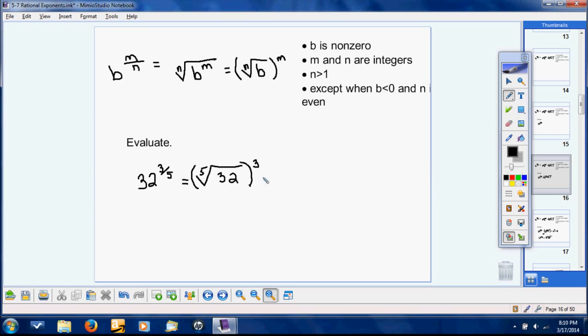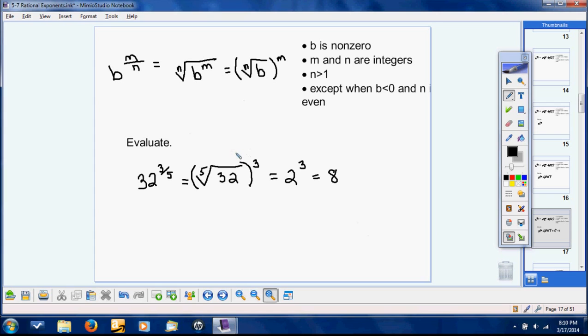The 5th root of 32 actually turns out to be just plain 2. So this is really 2 to the 3rd power. And 2 times 2 times 2 is 8.